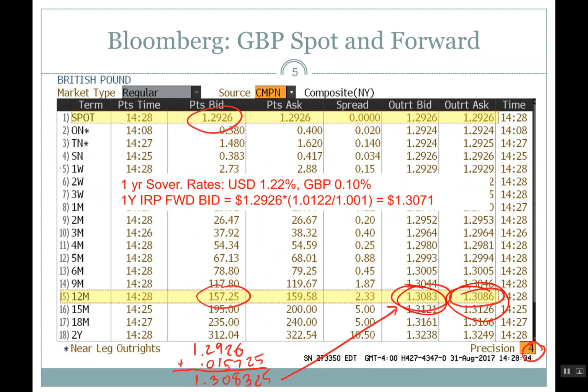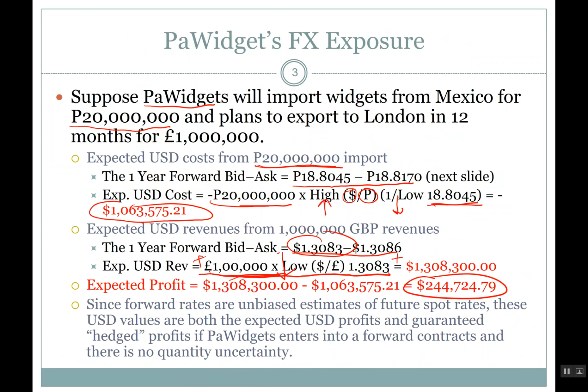All right, let's go back. There's a 5% chance. These are the revenues. What was the EAR on the pound? 181. So this is plus or minus 181. This is plus or minus 198.